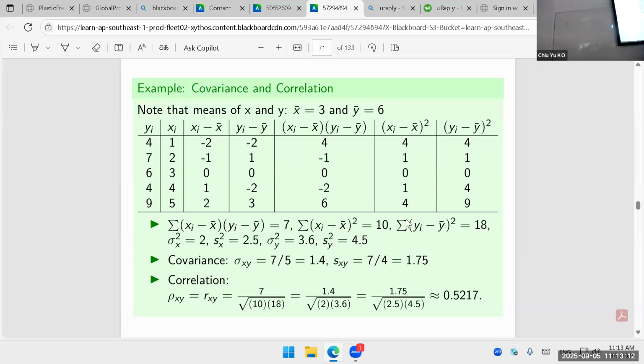You raise to the power 2 for the x and the y, and then you do the calculation, the rest. And because you know how to calculate covariance, you just divide by the standard deviations down there. You can check them out because I don't want to go over the math because it'll be super boring anyway.